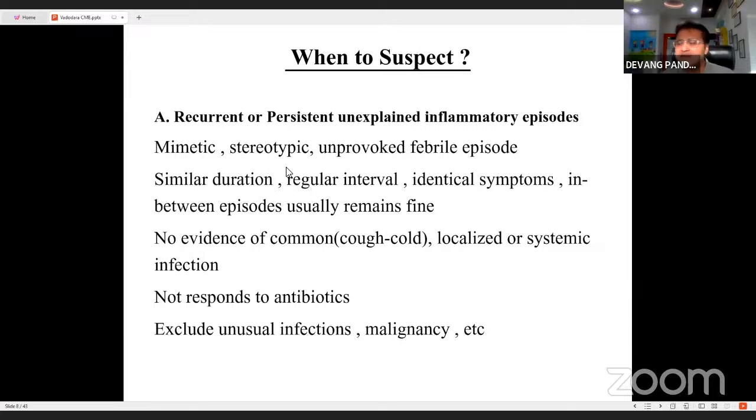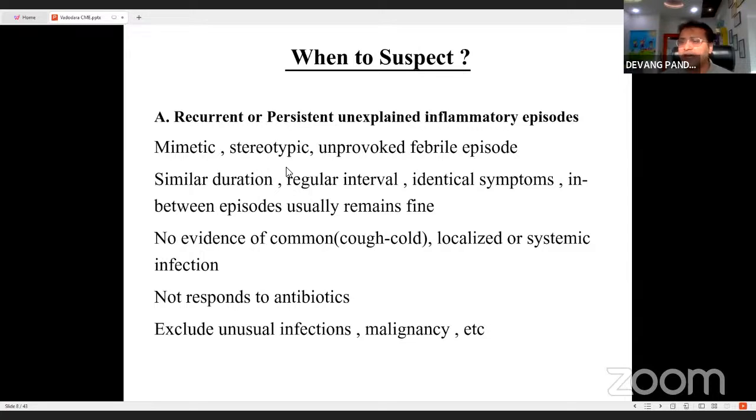Every time, there is similar duration, regular interval, and identical associated symptoms. In between episodes, the child usually remains very fine. And usually many of the disorders will not cause failure to thrive as well.